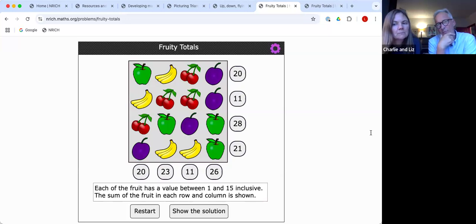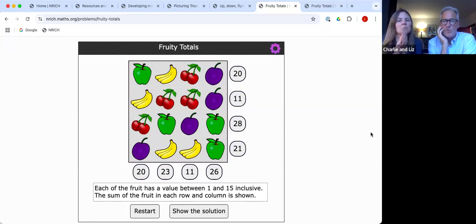I think first and last rows helps. So the first and last rows have got 2 apples and 2 cherries, which we know add up to 26.